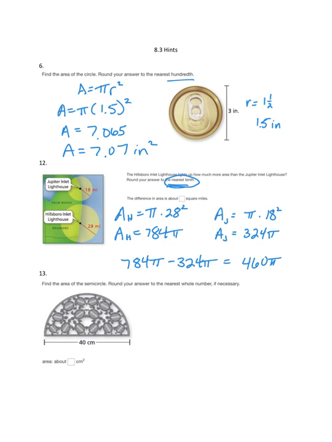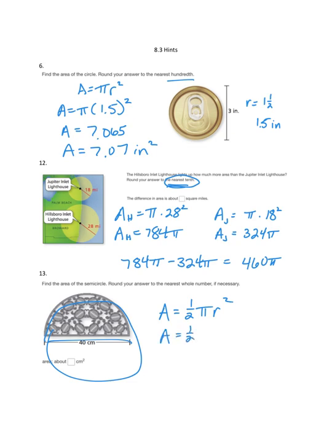All right, next we have several problems where you're finding the area of a semicircle. So you're going to think of this as you're just finding the area of the whole circle, cutting it in half. So our area of the semicircle is just 1/2 times pi r squared. In this case, our radius is 20 because they give us a diameter of 40.